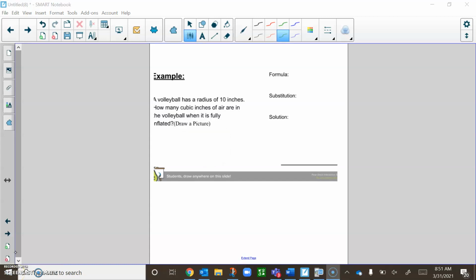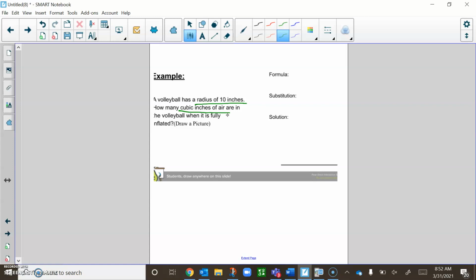This example says a volleyball has a radius of 10 inches. How many cubic inches of air are in the volleyball when it's fully inflated? Whenever you are looking for cubic inches, that indicates that you are looking for volume.